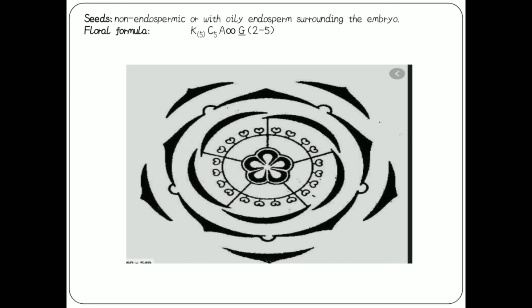The floral formula here: calyx shown by the letter K is 5. Corolla shown by the letter C is 5. Androecium are numerous. Gynoecium is also numerous, and the ovary is superior.